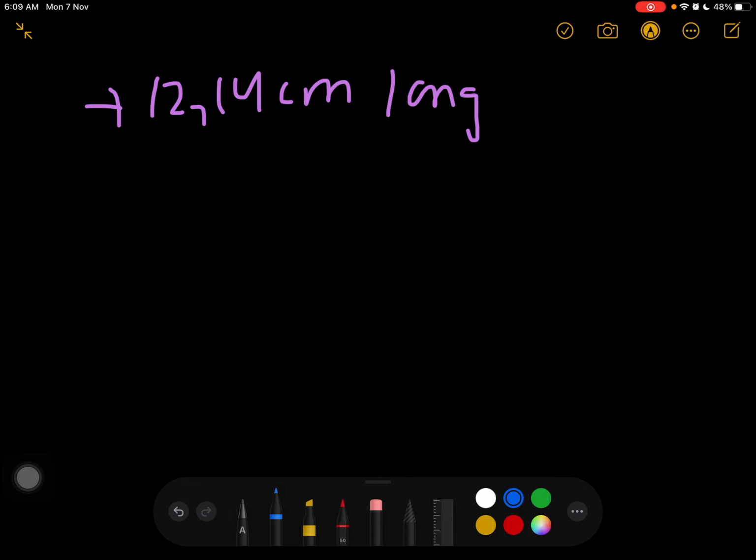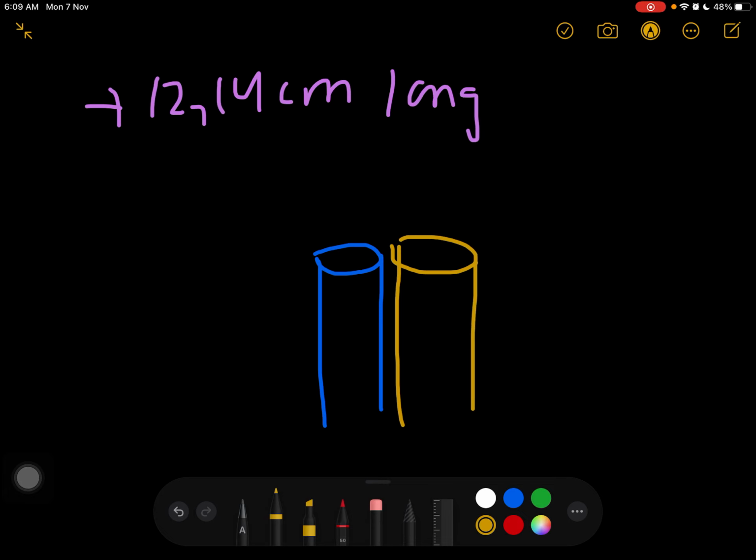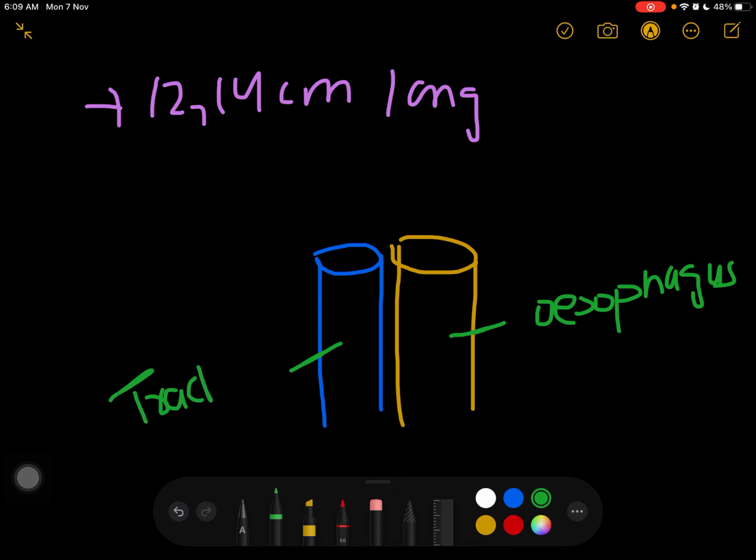Consider this is your trachea, your windpipe, and this is esophagus, right? And what is esophagus? Esophagus is actually the food pipe, and the trachea is a windpipe.